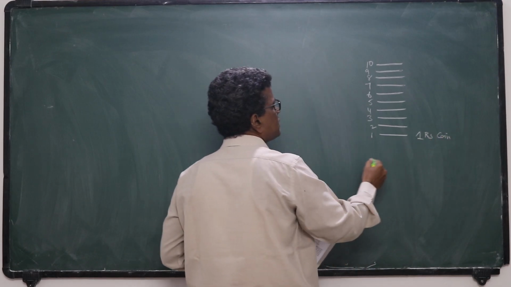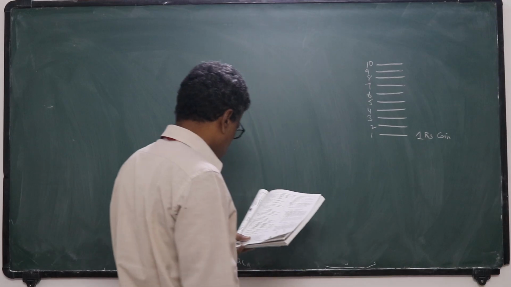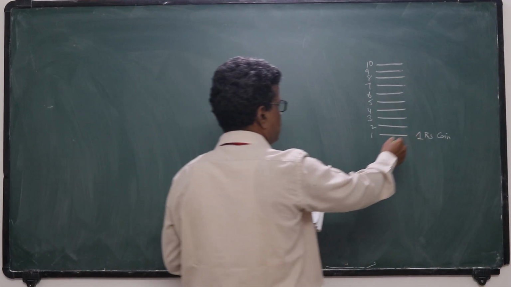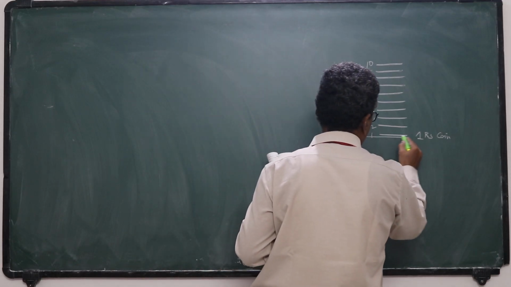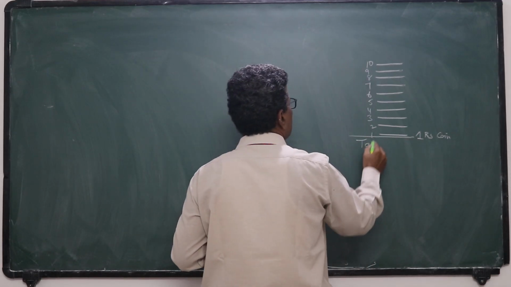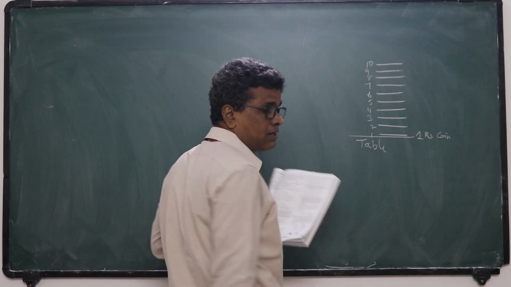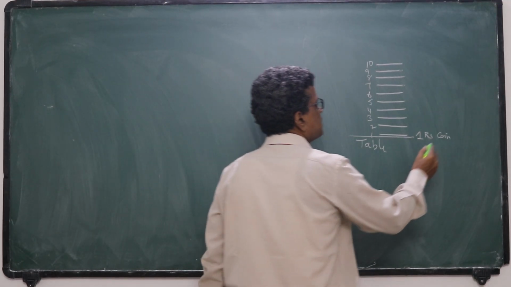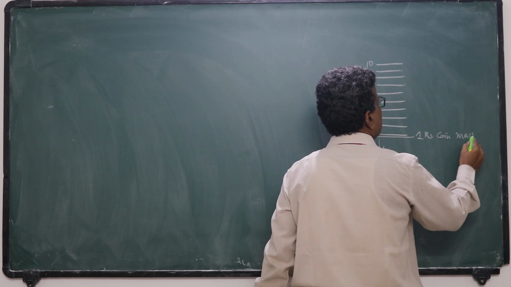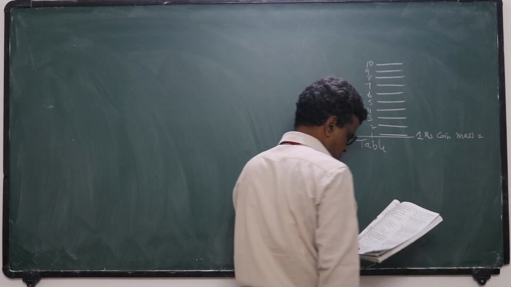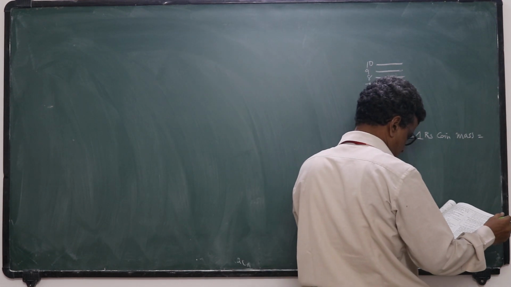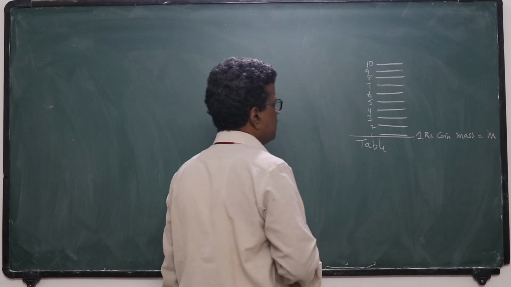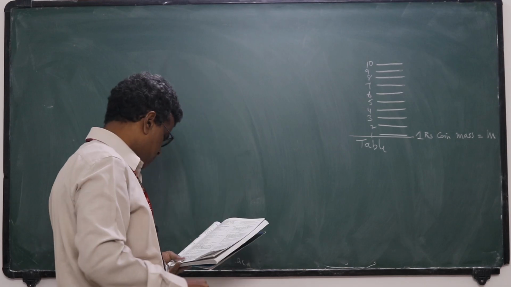The 10 one rupee coins are put on the top of each other as shown in the figure, on a table. Each coin has mass m. Let the mass of each coin be m.